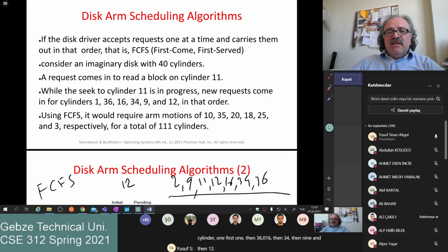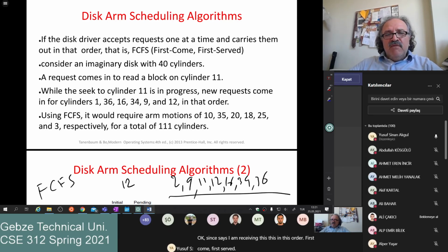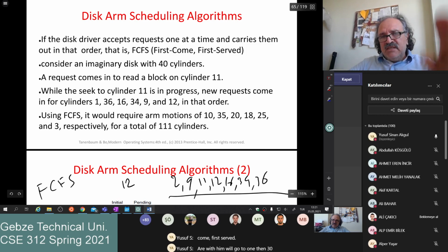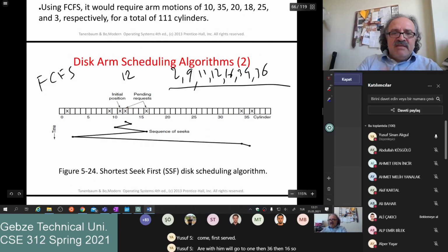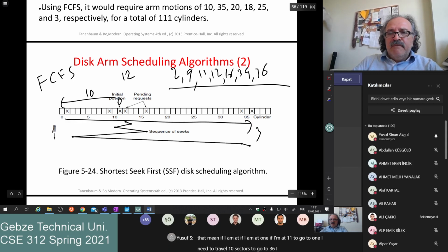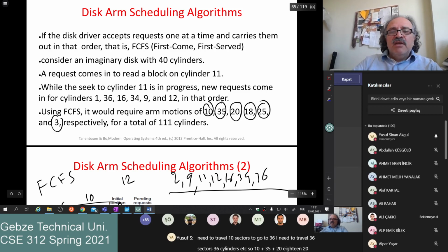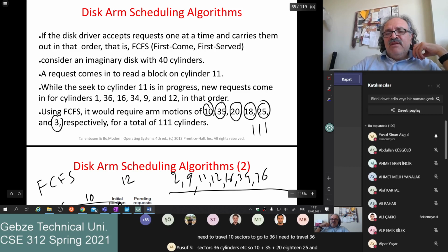Since I am receiving these in this order, the first come first served algorithm will go to 1, then 36, then 16. So what does that mean? If I am at 11, to go to 1 I need to travel 10 cylinders. To go to 36 I need to travel 35 cylinders, etc. So 10 plus 35 plus 20, 18, 25, and 3, a total of 111 cylinders.